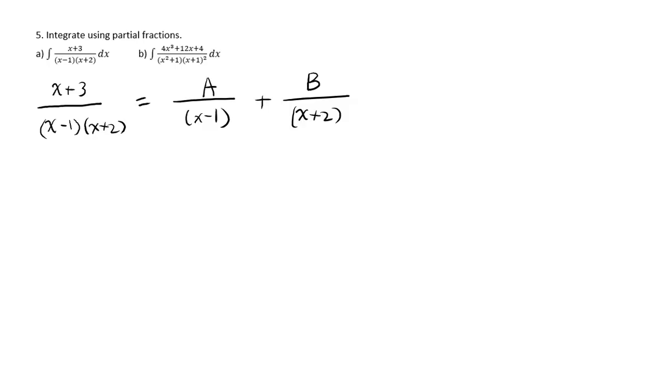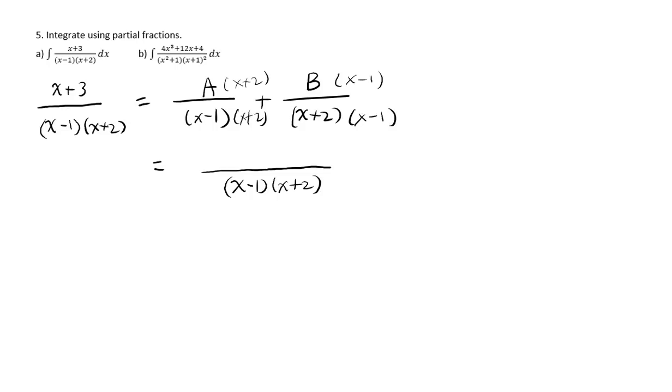Okay, now we have to figure out what a and b are, and basically what you want to do is put the two fractions into one by multiplying by x plus 2 top and bottom and x minus 1 top and bottom.